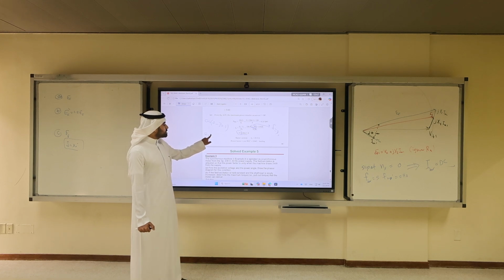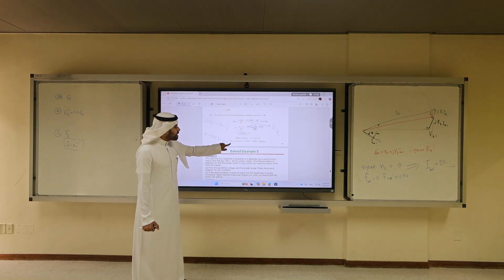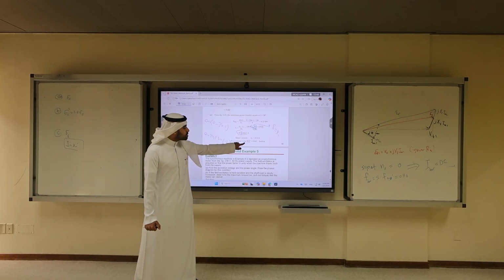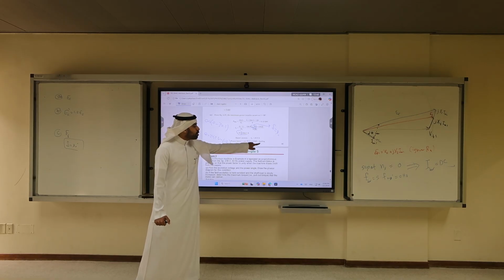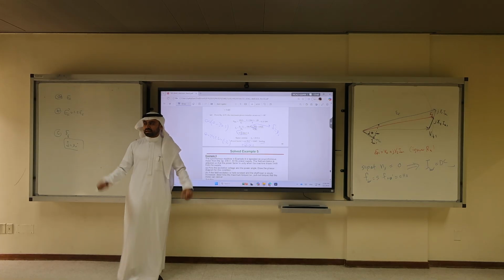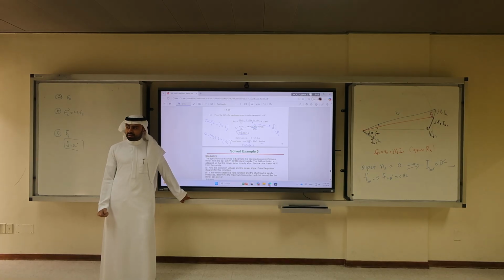To be accurate, this should be cosine of minus 30.1, to know it's leading. Reactive power for leading is what? Negative, like the shunt capacitor. Clear? It supplies VARs to the system.